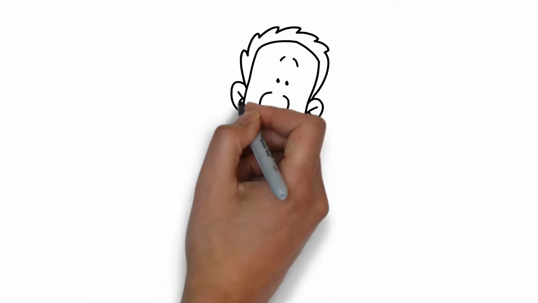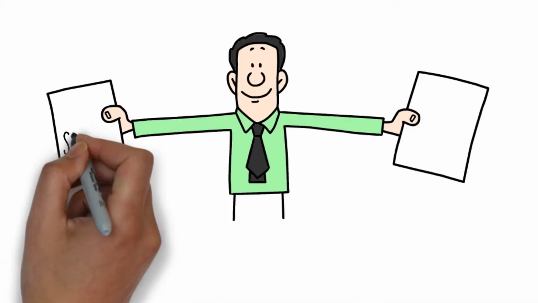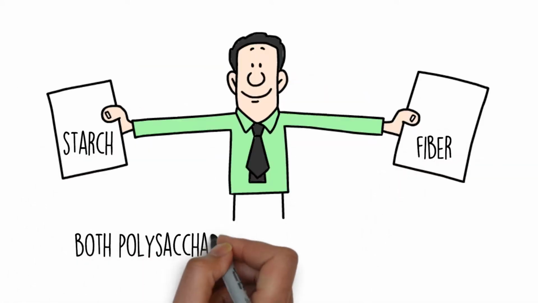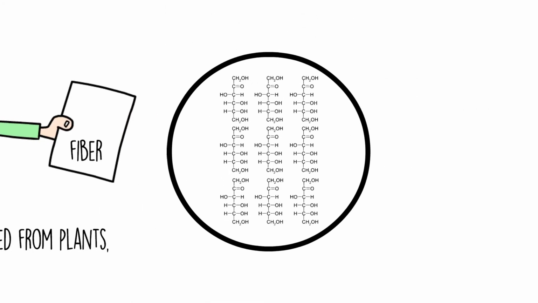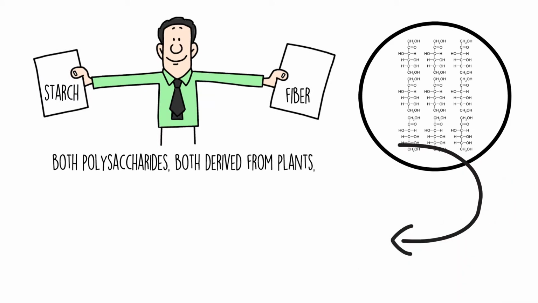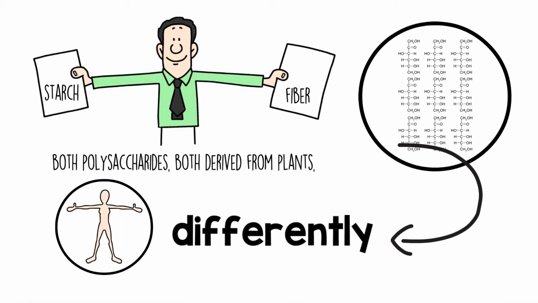but your digestive tract doesn't respond to all carbohydrates the same. Consider starch and fiber, both polysaccharides, both derived from plants, both comprised of hundreds to thousands of monosaccharides joined together, but they're joined together differently, and that changes the effect they have on your body.